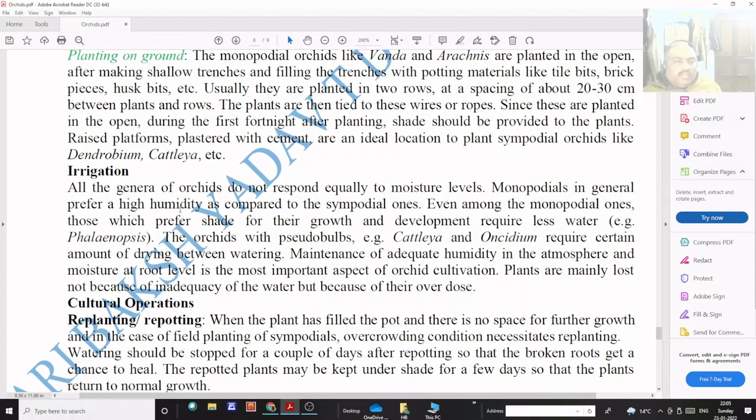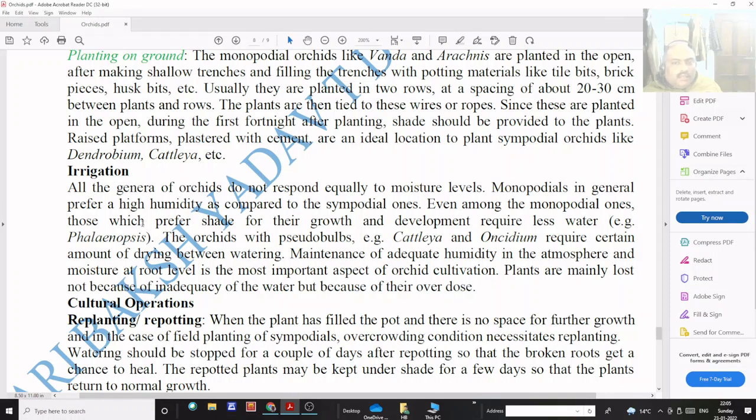Now come to the irrigation and other cultural practices. All the genera of orchids do not respond equally to moisture levels. Monopodials in general prefer high humidity as compared to sympodial ones. Even among monopodial ones, those which prefer shade for their growth and development require less water.